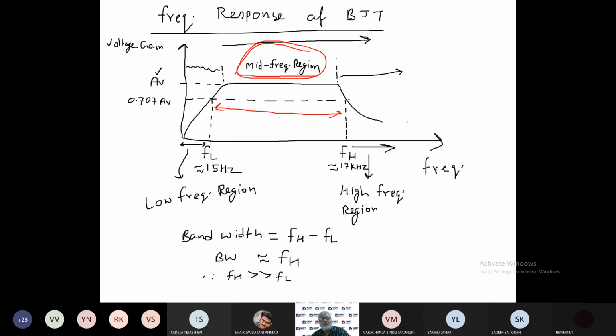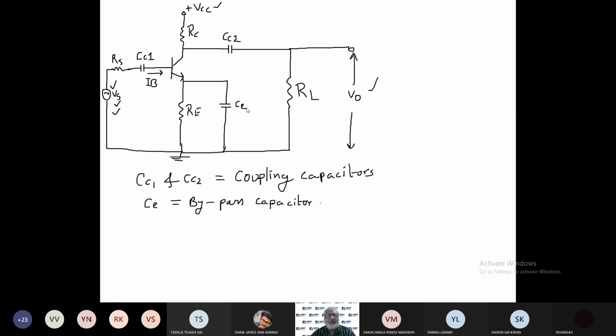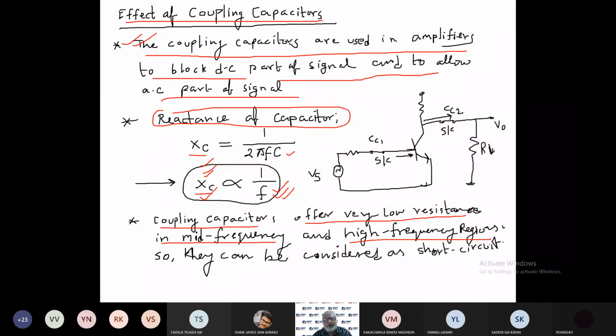So if you see this frequency response curve, here we are having 3 regions. One is low frequency, one is mid frequency, one is high frequency. So in the mid frequency and high frequency regions, where the frequency is higher, the capacitive reactance of the coupling capacitors will be very low, and they are considered as a short circuit. Right? So you see here CC1, I am showing by a short circuit. CC2, I am showing by a short circuit.